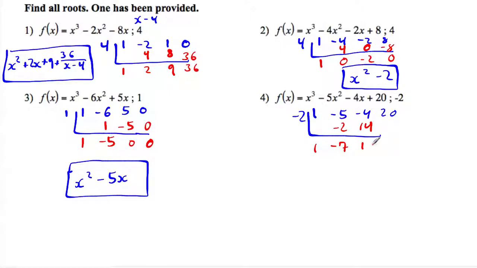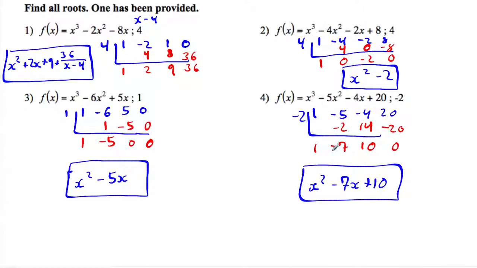And I add these to get a positive 10. And that gives me a -20, which gives me a 0. So down here, I'm going to have x squared minus 7x plus 10 with no remainder gives me this answer.